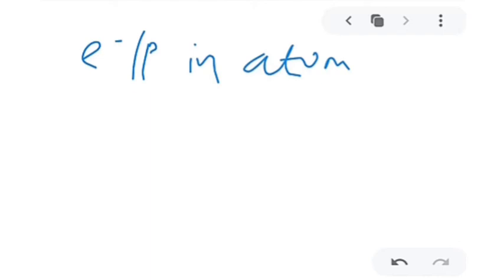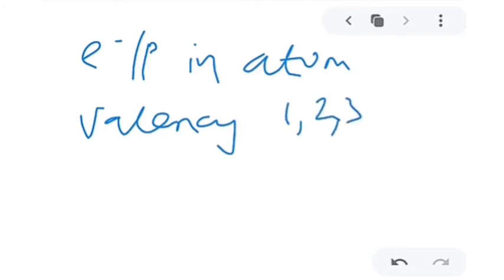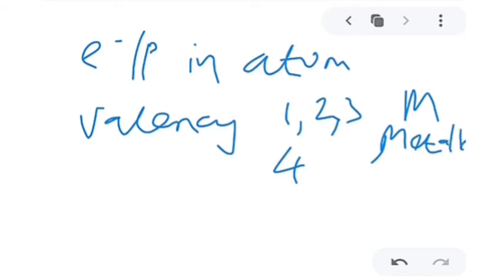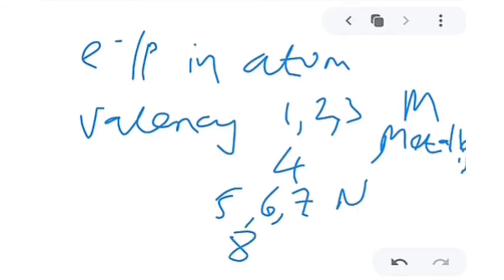If the valency of your atom is 1, 2 or 3, it is called a metal. If it is 4, it is called a metalloid. If it is 5, 6 or 7, it is called a non-metal. If it is 8, it is called a noble gas, or I can say noble element.